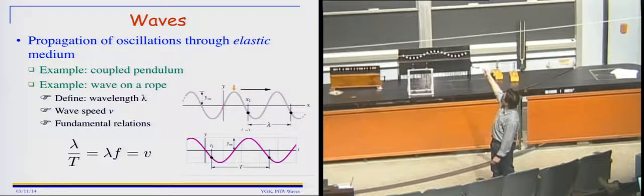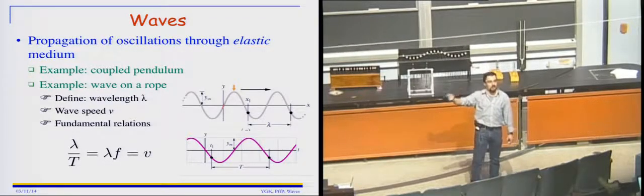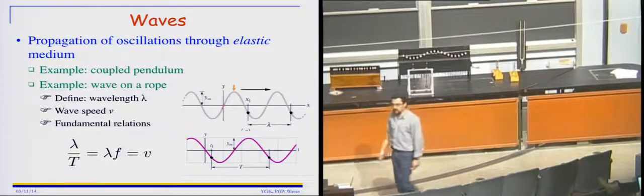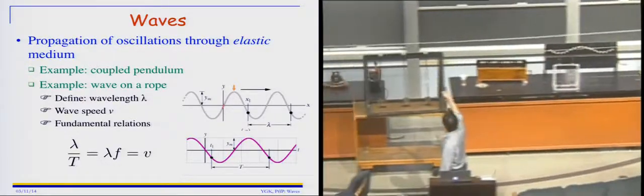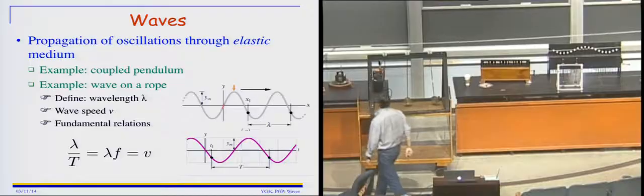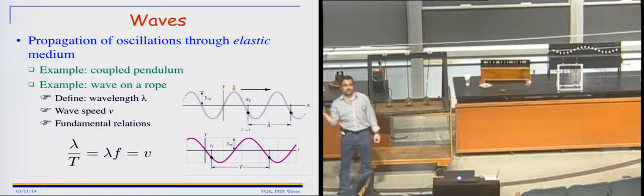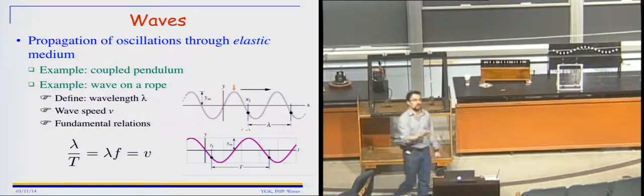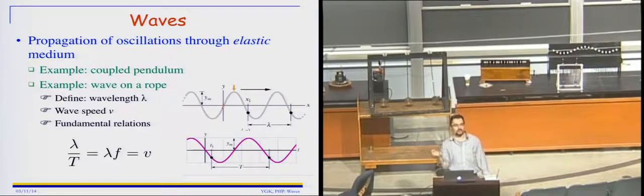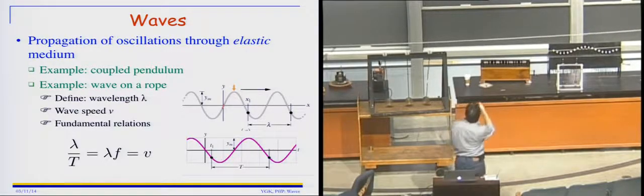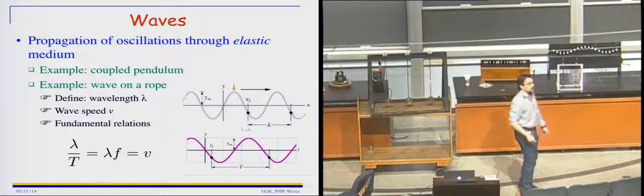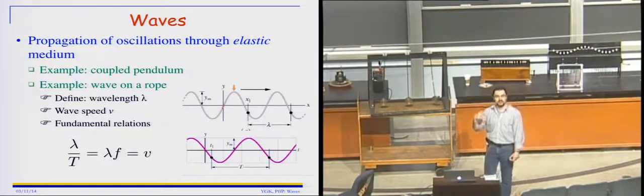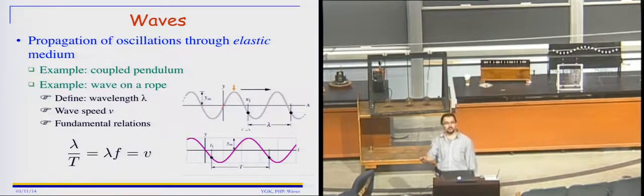We'll call this the period of vibrations. And I can also look at how often this pattern repeats in space. And this is known as wavelengths. The ratio of the two turns out to be characteristic to the medium that sustains this vibrational motion that propagates this wave. This is called the wave velocity or wave speed. And that's very characteristic of the medium where the wave propagates.